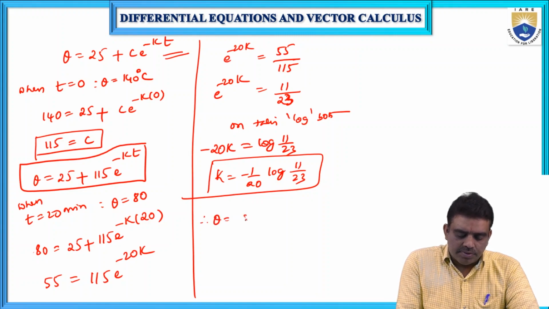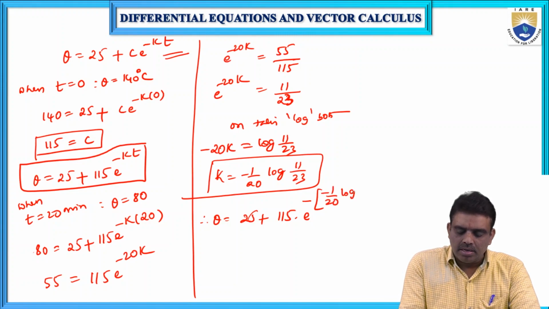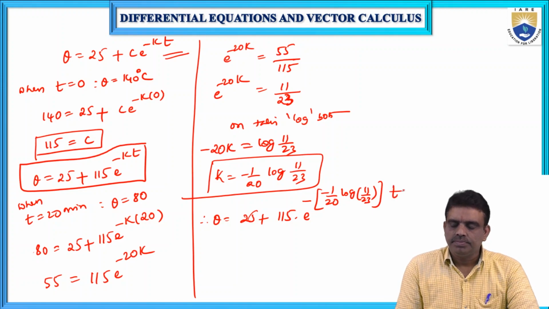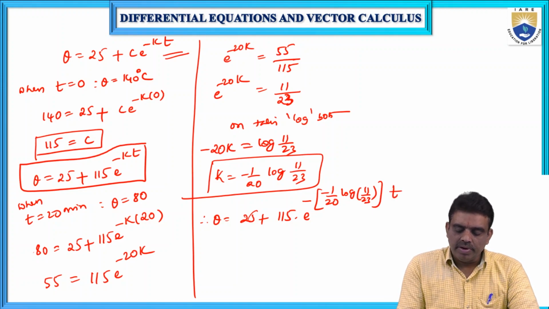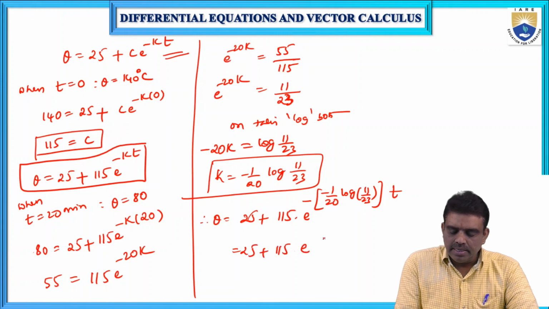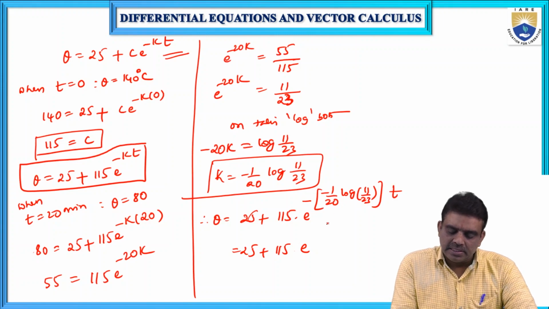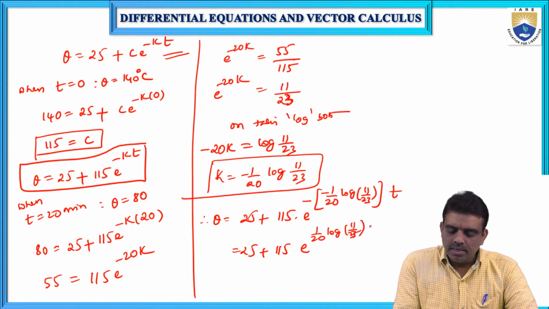Therefore, theta is equal to 25 plus 115 e power minus k t, where k is minus 1 by 20 log 11 by 23. So theta is equal to 25 plus 115 e power 1 by 20 log 11 by 23 into t.